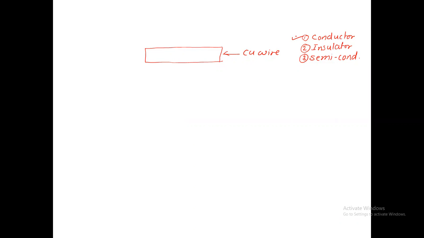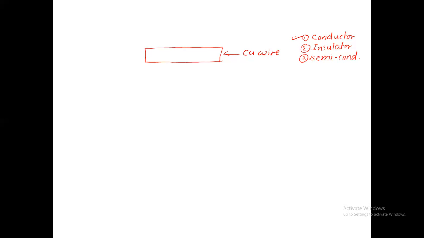Don't go into that much depth for the physics. Let me repeat. Do you know who will conduct the current? Basic question here. Who will conduct the current? Valence electron or free electron? Confusion is there. Valence or free?